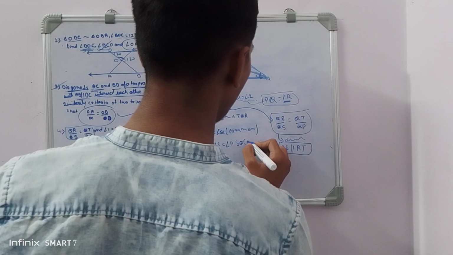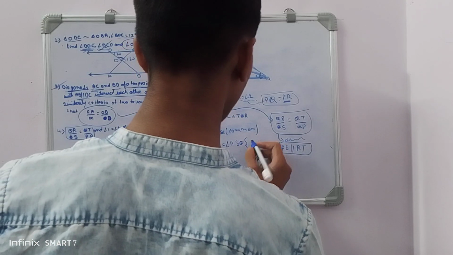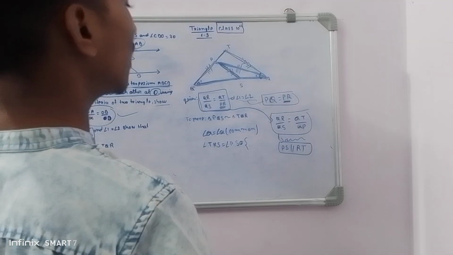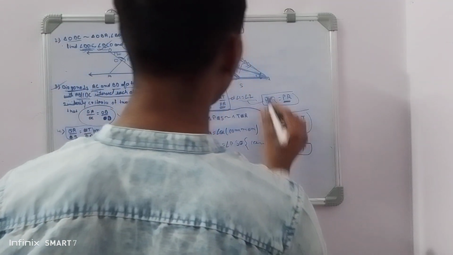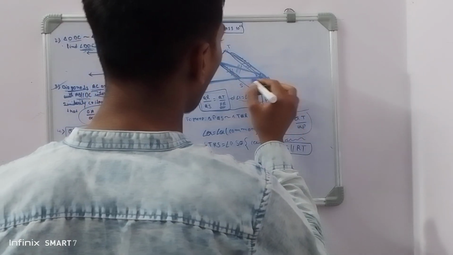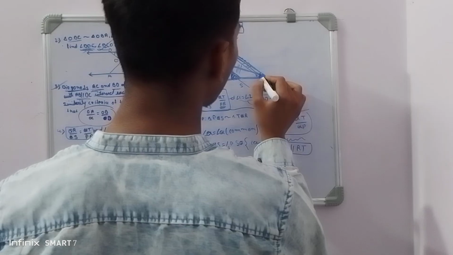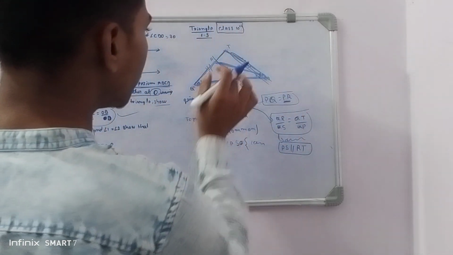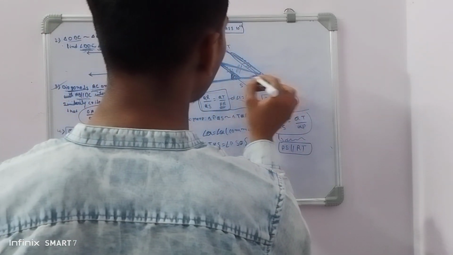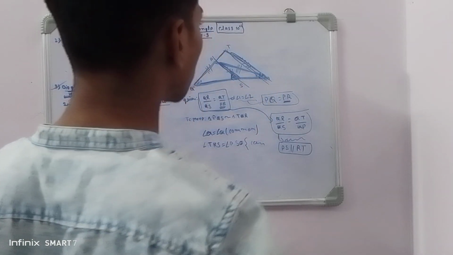Why? By corresponding angles, because this line is parallel to this line, and this angle is going to be equal to this angle by the corresponding angle property. So now this angle is equal to this angle, and this angle is common.